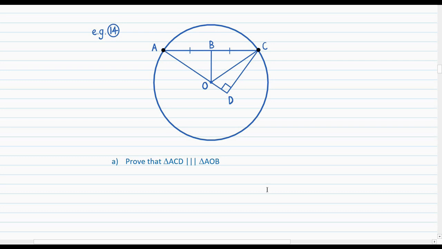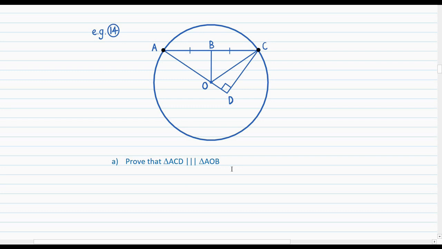So we can do this using the two facts I just established, and these are that firstly, equiangular triangles are similar. So that's the first thing, meaning the strategy is we need to show that the angles for the two triangles, meaning ACD and AOB, are equal.